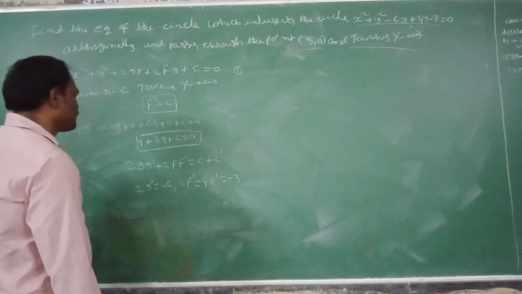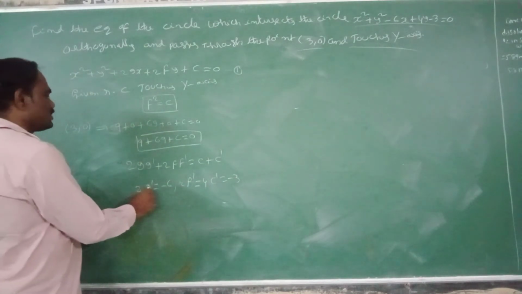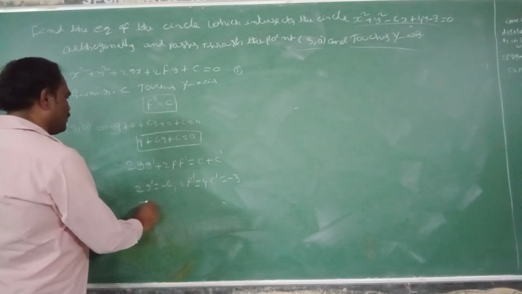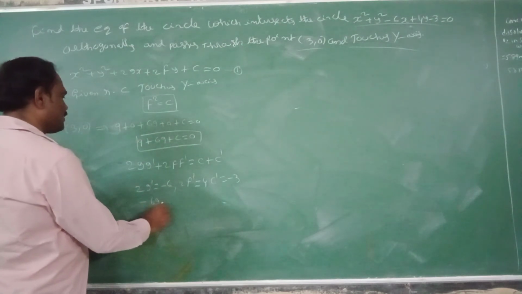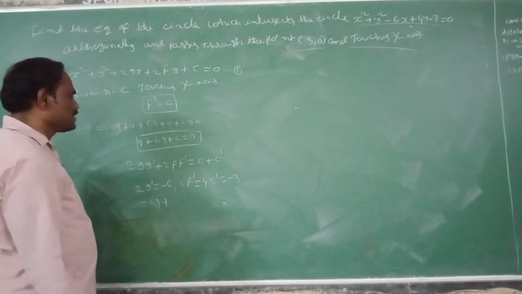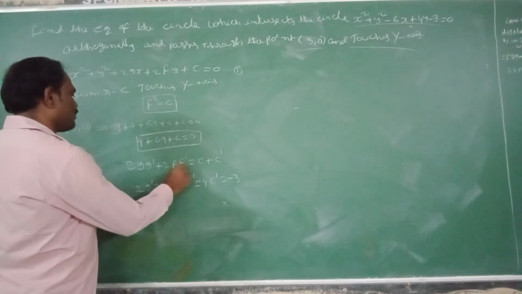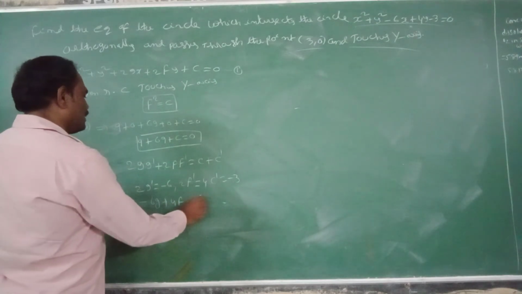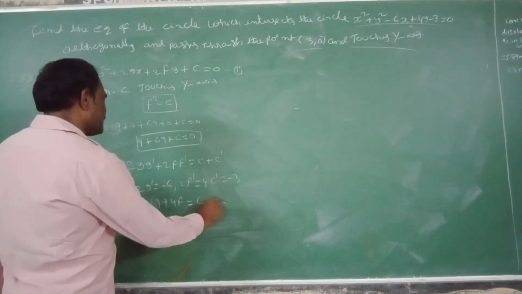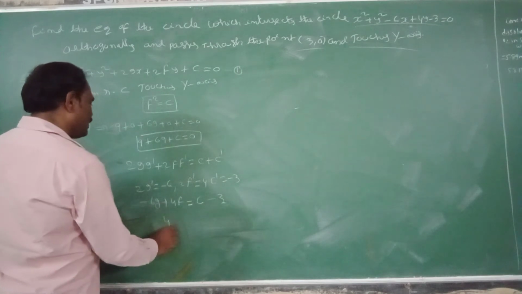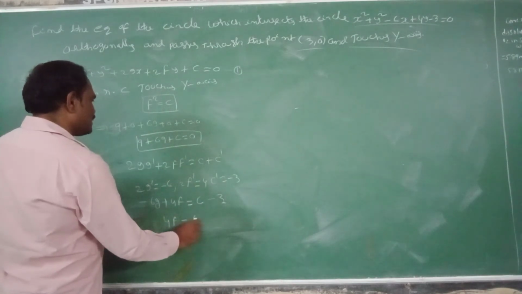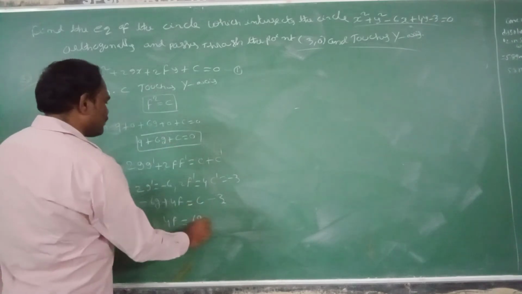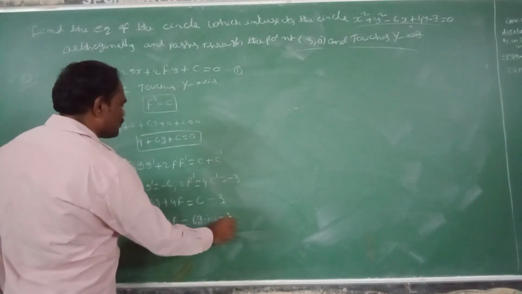Substituting these values, minus 6g plus 4f is equal to c minus 3.